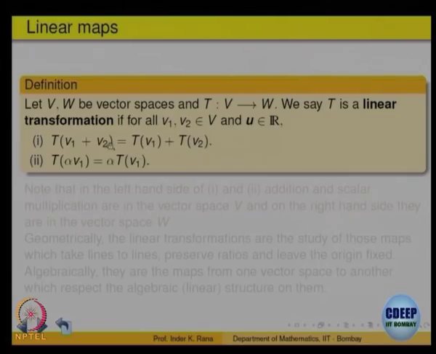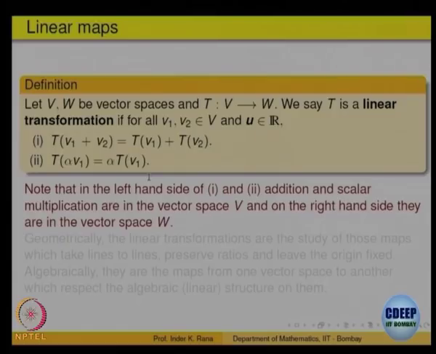So, here this addition is in the domain, here it is in the codomain. Keep that in mind, because T may be R2 to R3 for example. Similarly here alpha V1 is scalar multiplication of the vectors in the domain, and here it is in the image space. So, this is one observation you should note.